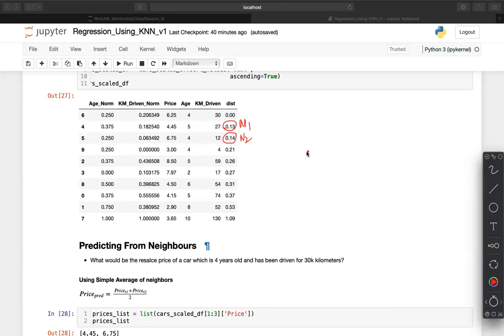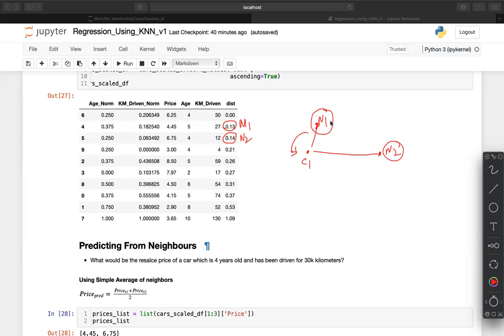Let's say this particular car is C1, and this is neighbor N1 and this is neighbor N2. So rather than taking a simple average, you can say the neighbor N1, because it's nearer to C1, the car for which we want to estimate the price, is definitely nearer compared to N2. So its price will have more influence on C1 compared to the price of N2.